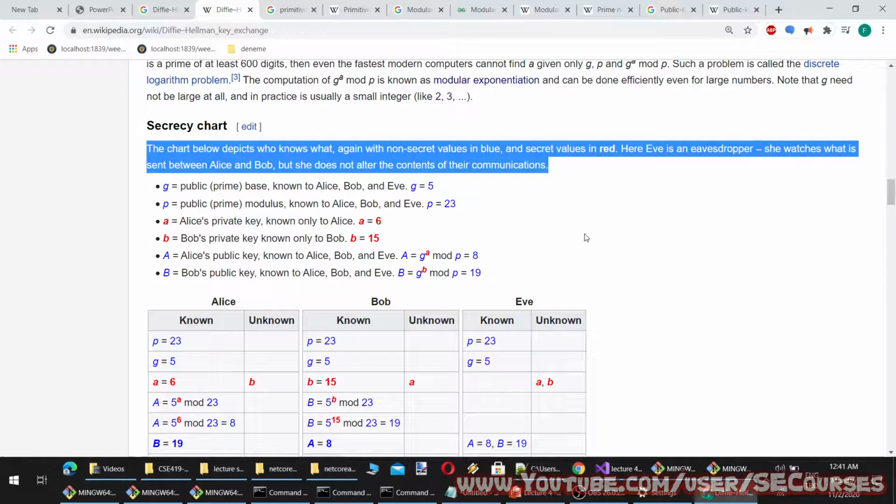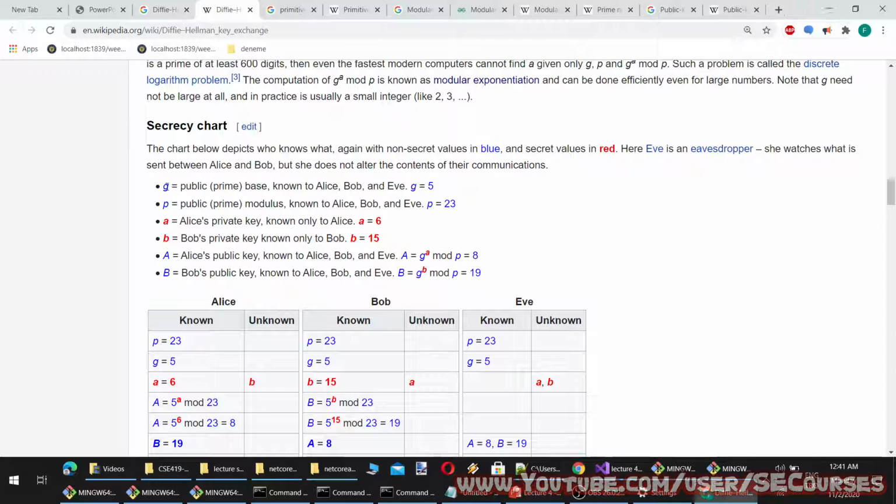The chart below depicts who knows what, again with non-secret values in blue and secret values in red. Here Eve is an eavesdropper. She watches what is sent between Alice and Bob, but she does not alter the contents of their communications. So this is public G, the prime base, and P, the public prime modulus, which is usually above 600 digits, as you can see.